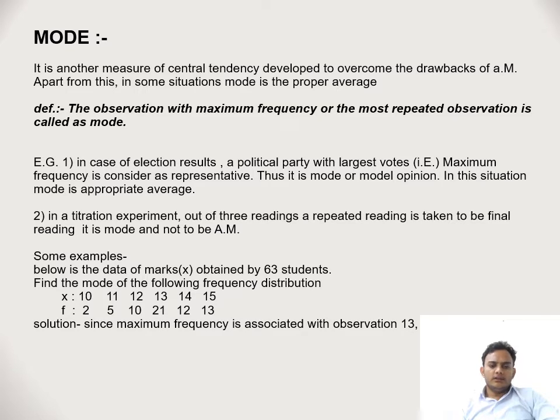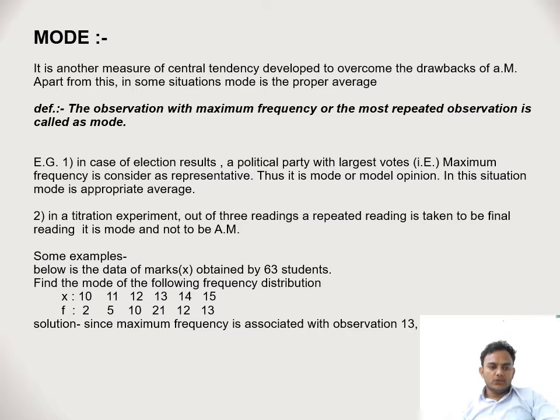In some types of situations, below is the data of marks obtained by 63 students. Find the mode of the following frequency distribution. So here we are given a frequency distribution, where x means the marks obtained by students, and f means the frequency.